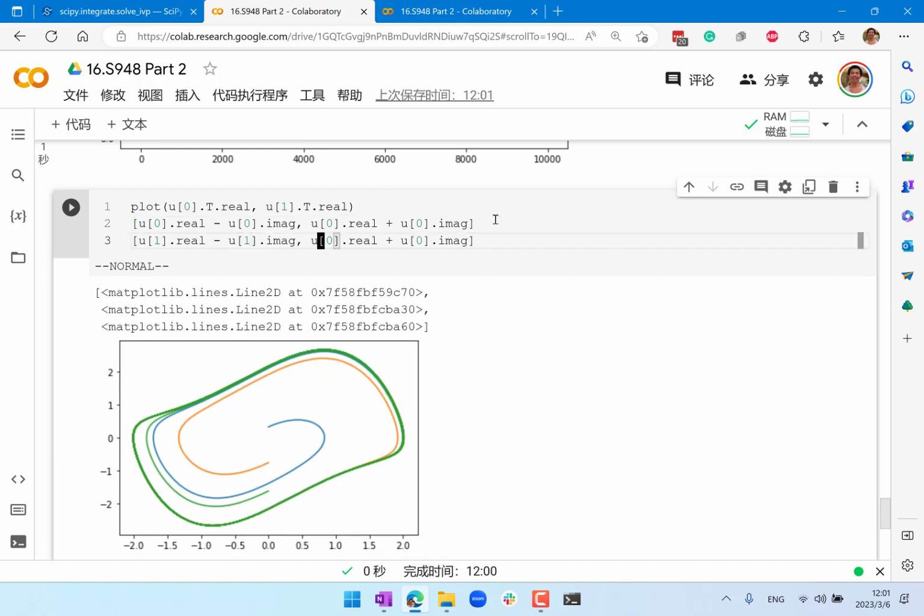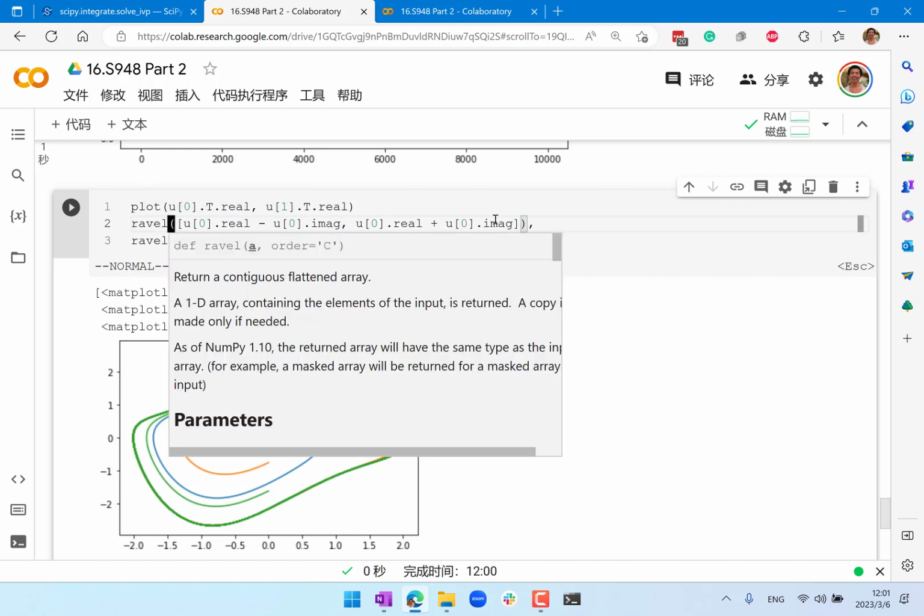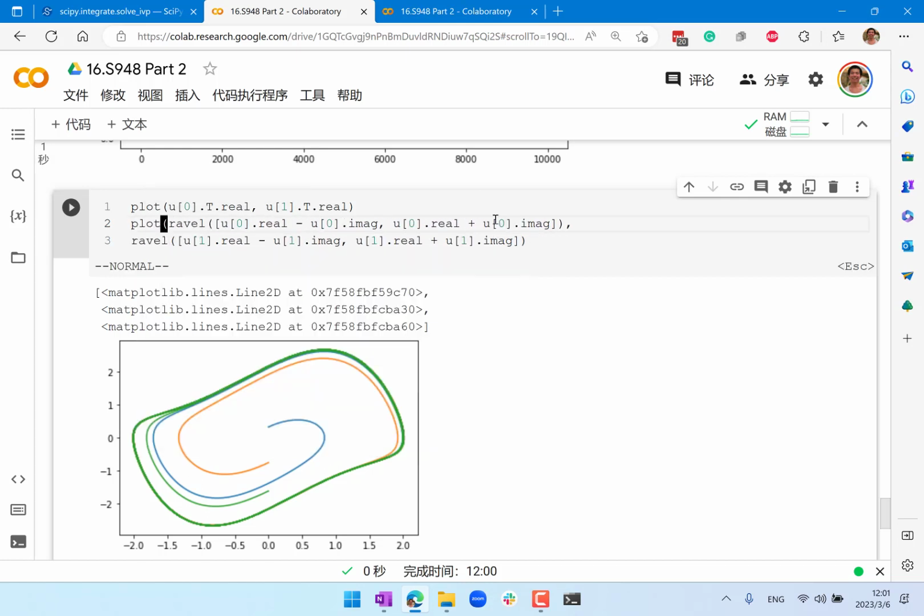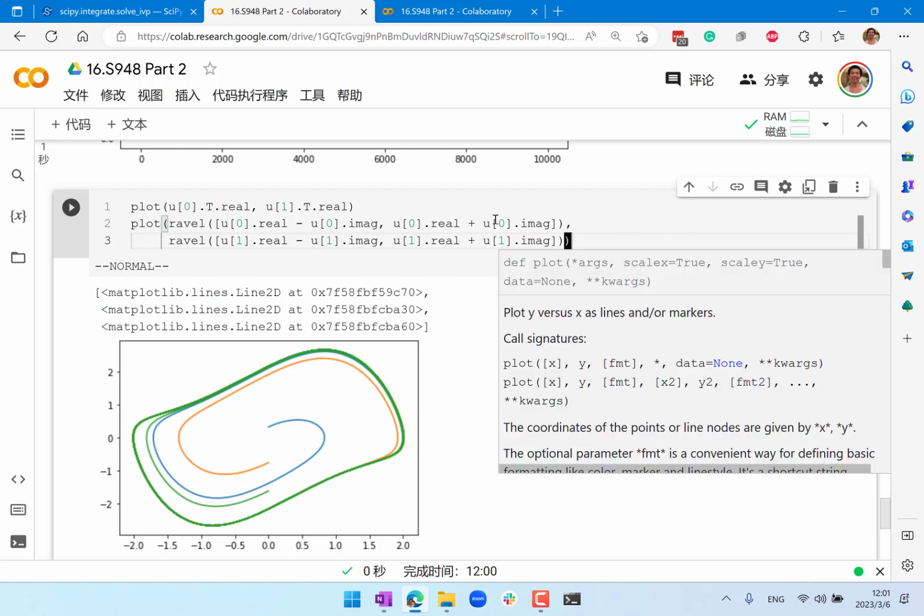This is the y component, and let's actually ravel these. So this is the x and y. So let's plot this and see.